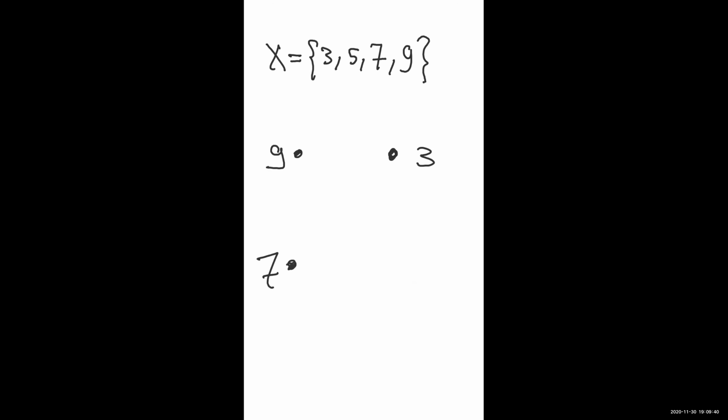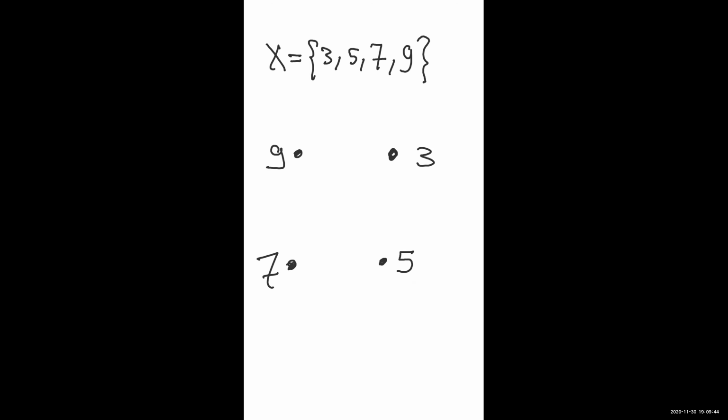Okay, so let's check one more. X will equal the same, like 3 and 5 and 7 and 9. And given the arrow diagram, this one is 3 and this one is 9, 3 and 9, like this. And then this one is 7 and this one 5.